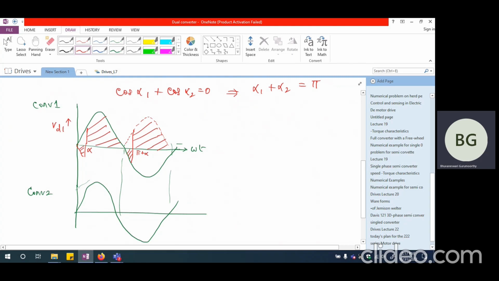Whereas if I'm looking at VD2, I'm actually looking at alpha equal to 150 degrees. So this is alpha equal to 150 degrees and I have to draw the inverted voltage of this. So this will be corresponding to pi plus alpha. If it is continuous conduction, I'm going to have this as the voltage, and again this as the voltage, and this will be the voltage which is coming up. So here also I have to have this as the entire voltage. So this is going to be minus VD2.